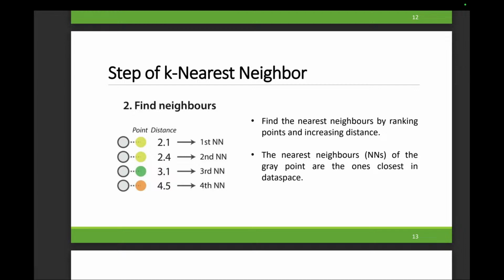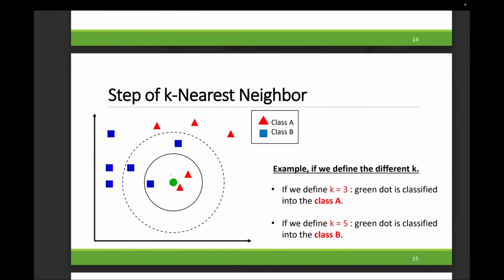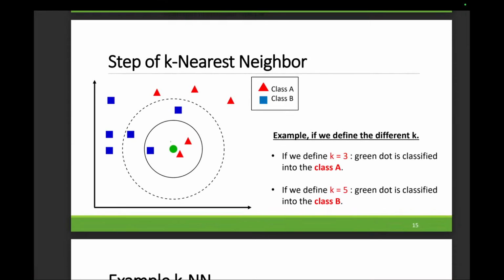With the same data, everything is the same, but we just change to k equal 5. So you can see the external circle. We have 5 points around the green one.